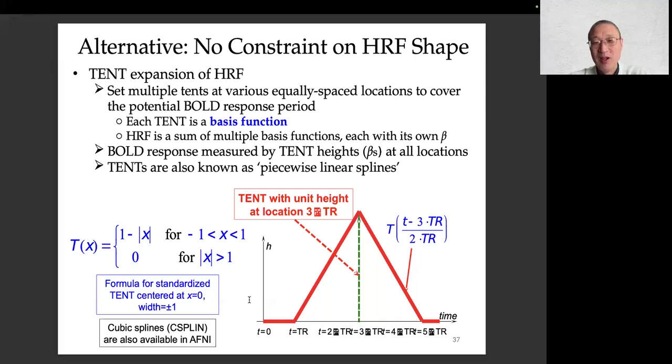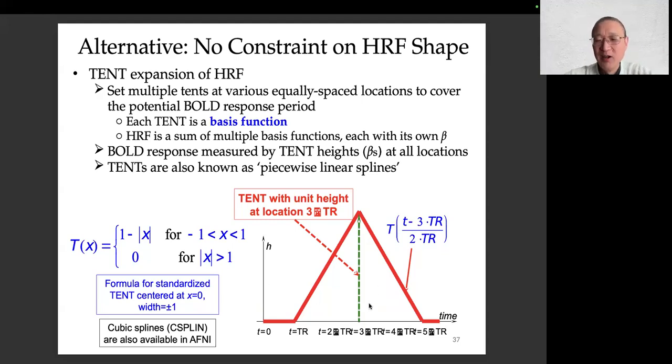So this is, to some extent, assumption-free, not fully. We use multiple basis functions, like multiple rulers. The traditional canonical curve is a ruler too, but that ruler is pretty rigid. The shape is fixed. In this case, those rulers are put at each time point.